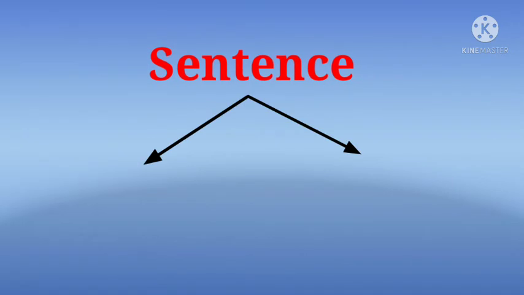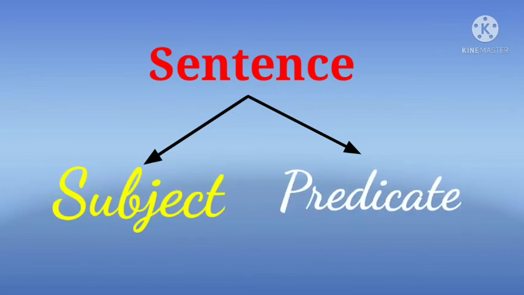You know, a sentence has two parts, namely subject and predicate. The naming part of a sentence is called the subject and the saying part is called the predicate.